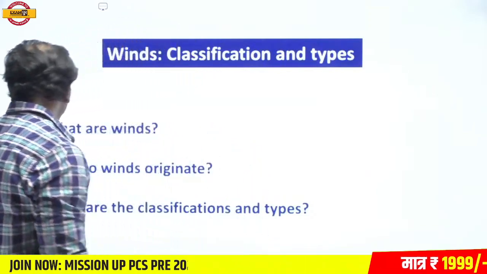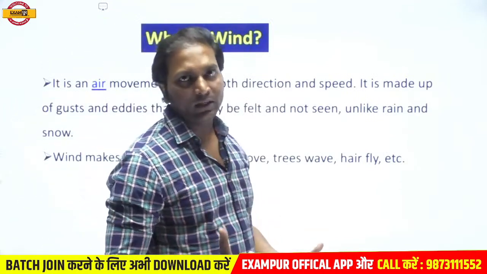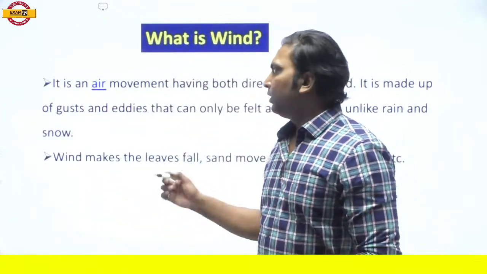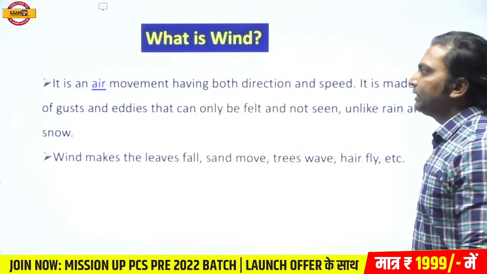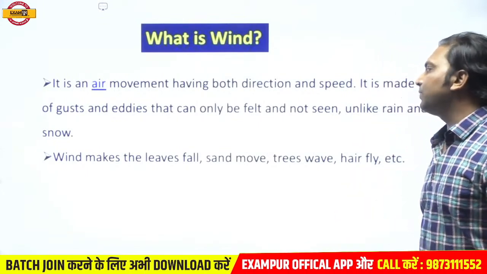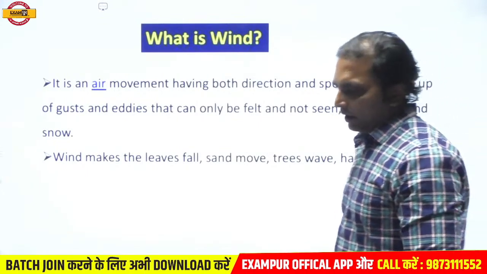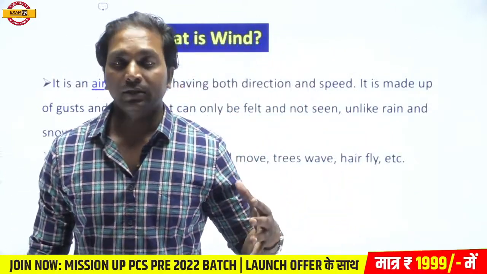So the first point about the winds is, then I am giving my explanation about how the winds originate. It is an air movement having both direction and a speed. It is made up of gusts and eddies that can only be felt and not seen. You haven't seen the winds, but you can feel it.